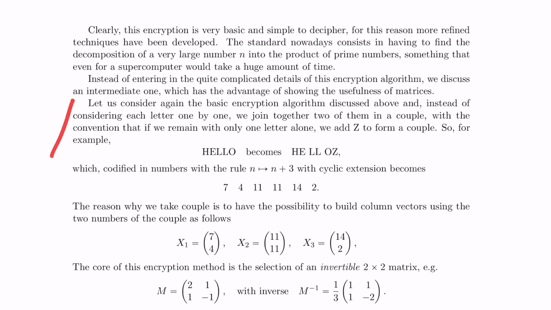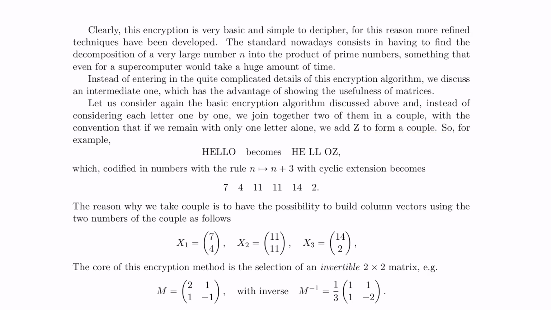We consider again the basic encryption algorithm discussed before, but this time we don't apply it to single letters, but to couples of consecutive letters in a word. If it happens that a word is composed of an odd number of letters, as for example hello, then we form a couple with the last letter that remained alone by coupling it with z.